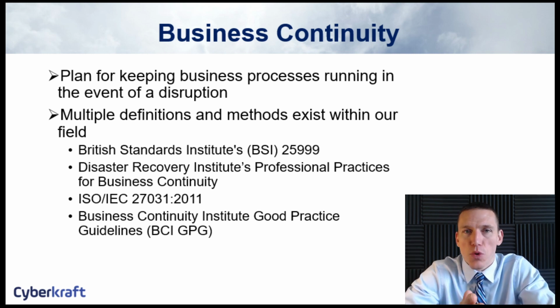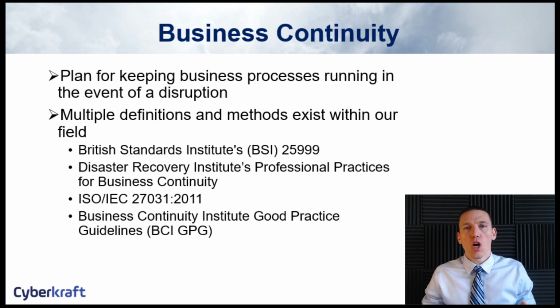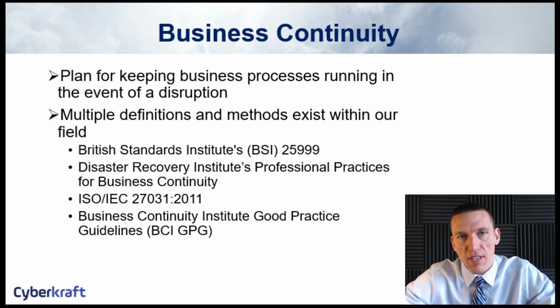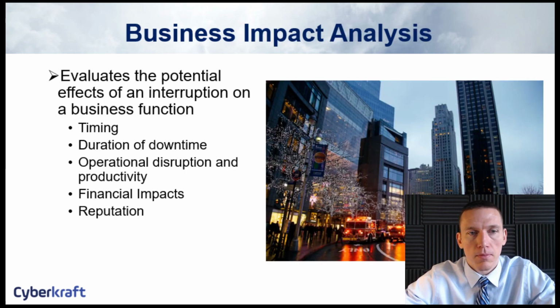You have the Disaster Recovery Institute. In Great Britain, you have the British Standards Institute 25999, and the Business Continuity Institute Good Practice Guidelines. All of these are guidelines for how to conduct business continuity properly. They all follow the same basic principles.